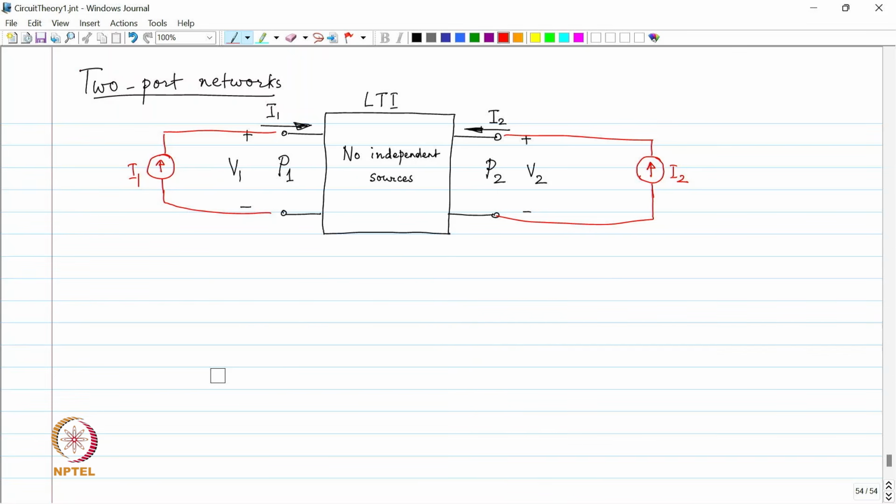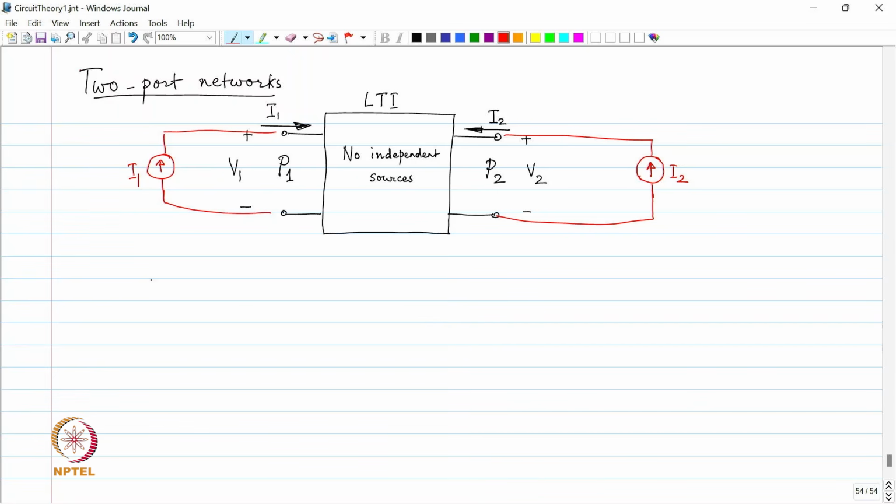So, for now, let us consider I1 and I2 as the independent variables, what is on the screen. I1 and I2 are the independent variables, and V1 and V2 are going to be measured.